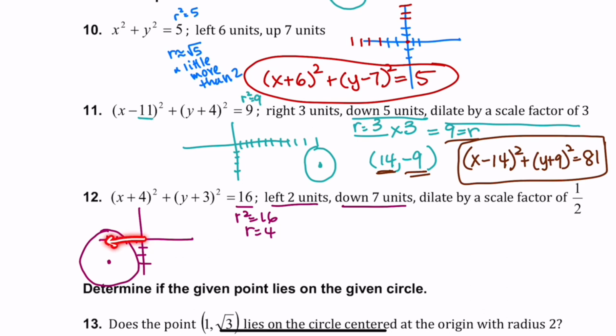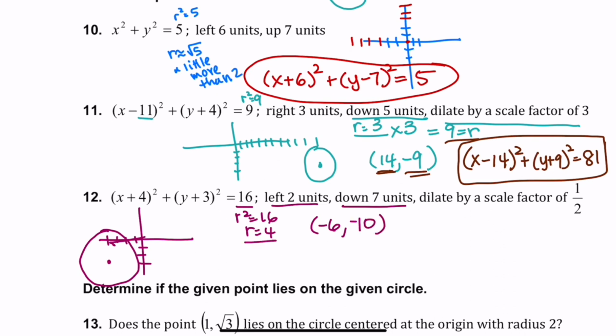We're going to go another 2 to the left. So 4 to the left plus another 2 to the left is going to be a negative 6 for our x value. And then if we go down another 7, we're already down 3. If we go another 7, it's a down 10. So we're going to have a negative 10 here.